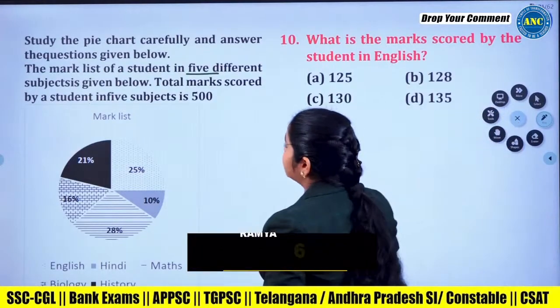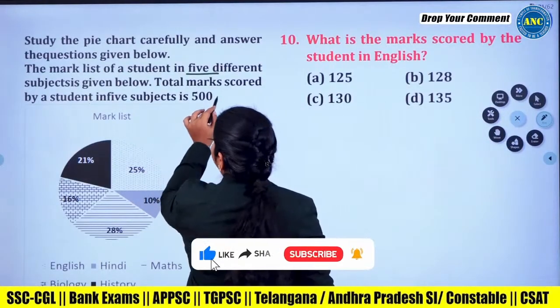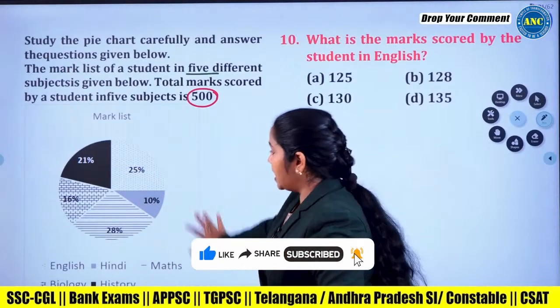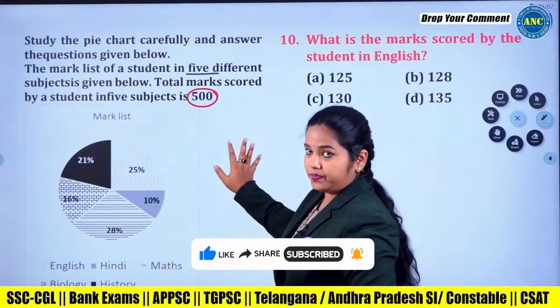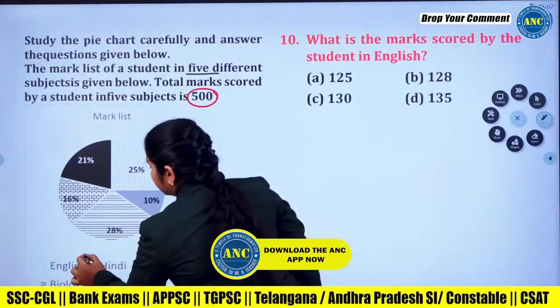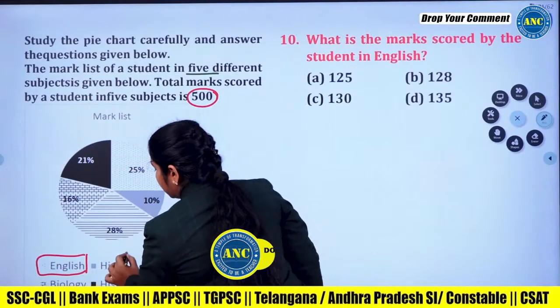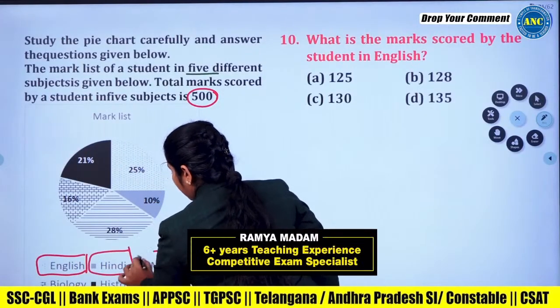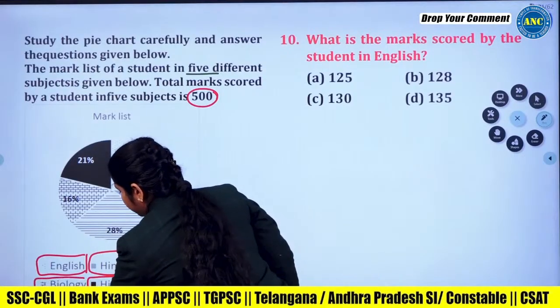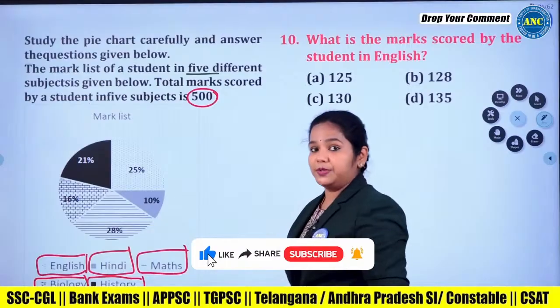The total marks scored by the student in 5 subjects is 500. What are those subjects? English, Hindi, Maths, History and Biology. So these are the 5 subjects.